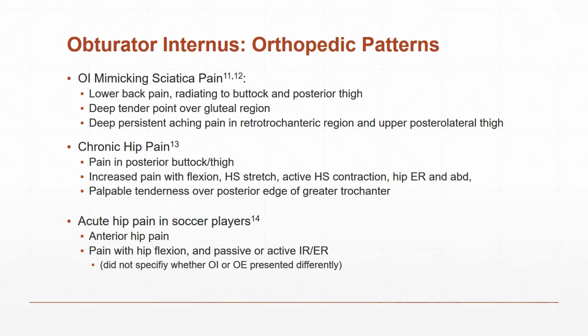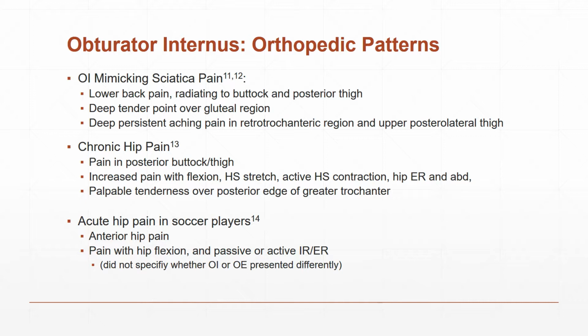Here are a couple other orthopedic patterns that the obturator internus can have. There were a couple articles that talked about how the obturator internus mimicked sciatica pain, and in these cases there was a bacterial infection of the obturator internus that caused pain in the low back that radiated to the buttock and posterior thigh.